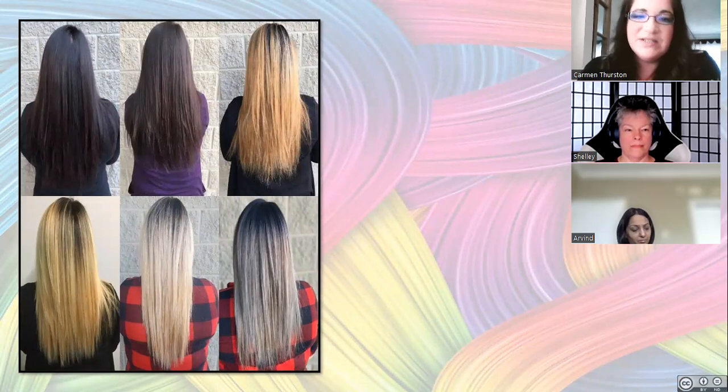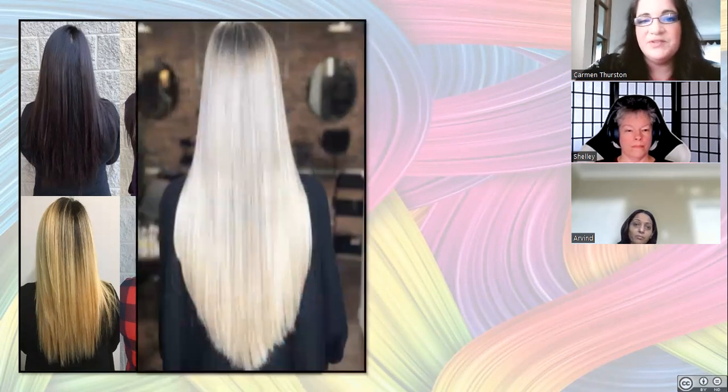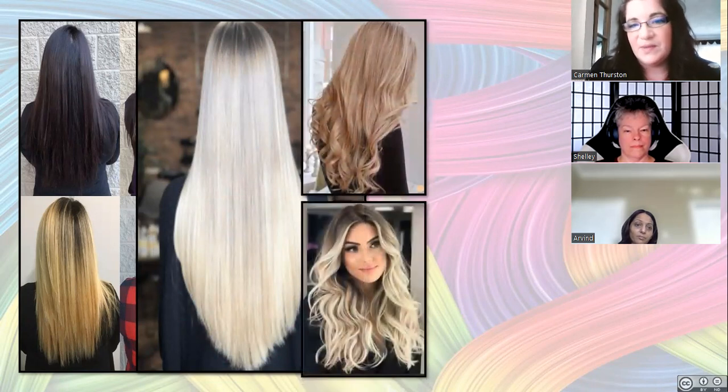As you can see, it's quite the process. In the last two photos, we used semis and demis in order to repair and give back the hair shine and tone and control things that we didn't want there anymore. So decolorizers get us to these bright, beautiful blondes and highlighted colors as well.